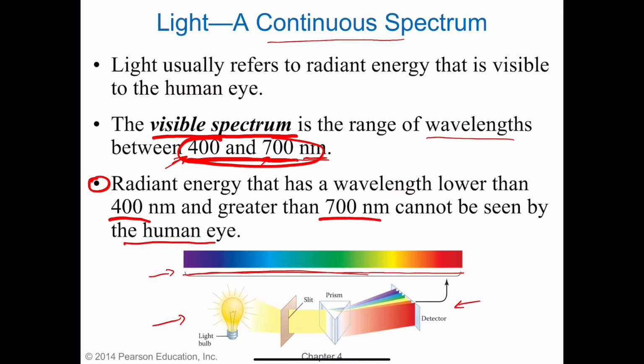But we have light shining through a little slit just to kind of collimate the light, and then it goes through a prism. And one interesting thing about the prism, so I remember I said the speed of light is a constant. It's 3 times 10 to the 8th meters per second through the vacuum of space. So basically that's a constant in a vacuum.